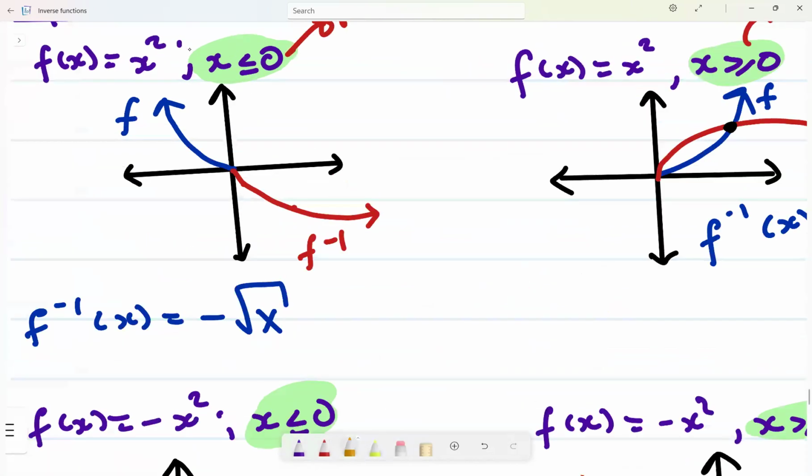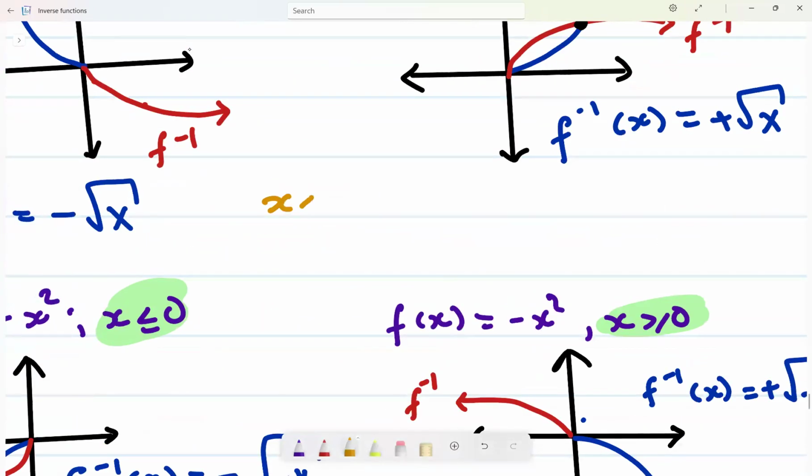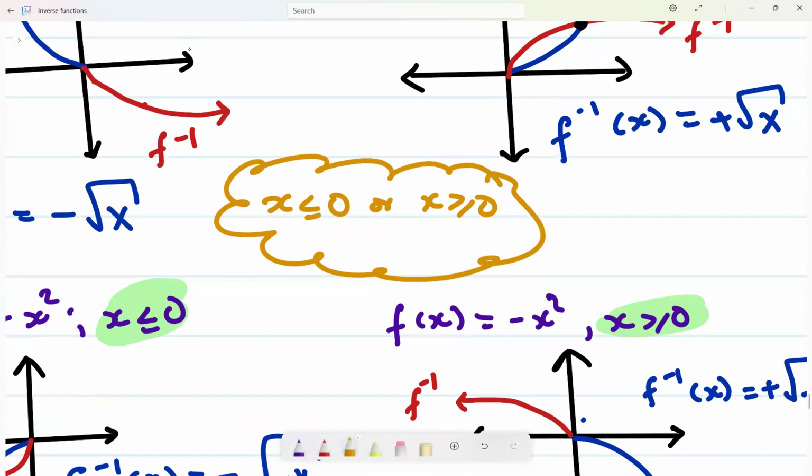These two here, whether x is less or equal to 0 or x is greater or equal to 0, that is what I refer to as my restrictions.